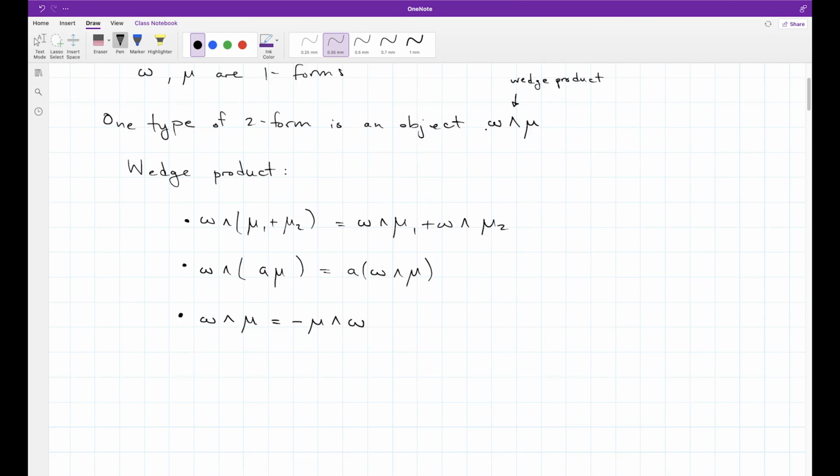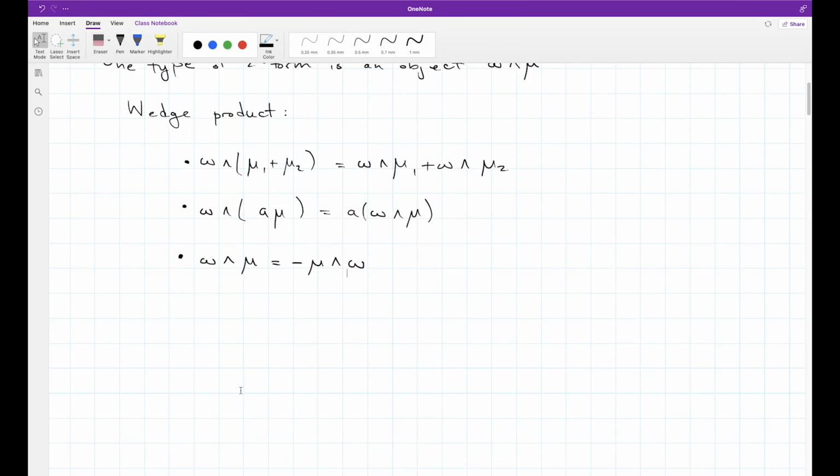So if this is one category of two forms, then how do we get all of them? The answer has something to do with the exterior derivative, which we introduced before. So before, we discussed that the exterior derivative is a function from functions on gamma to one forms on gamma.